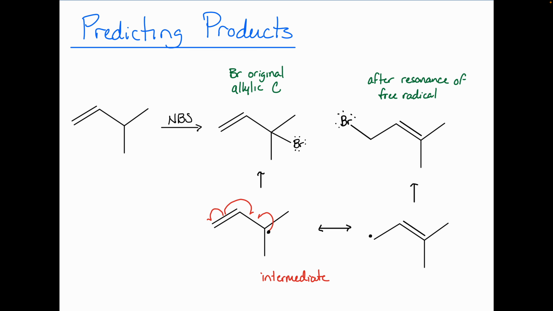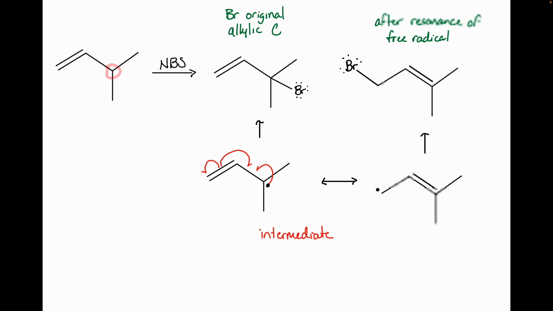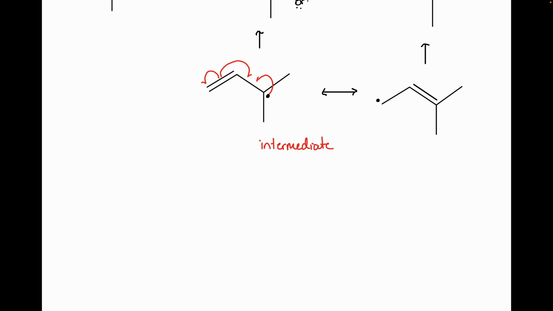All right. Now this particular molecule, my substrate over here, had how many allylic positions to begin with? Just the one. All right. So now let's do our worst case scenario here. To be clear, these are both our intermediates.